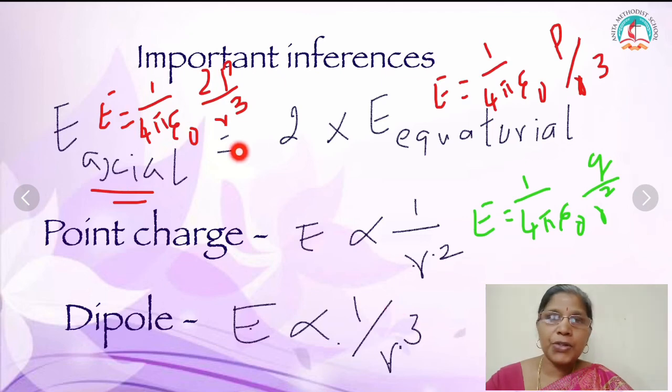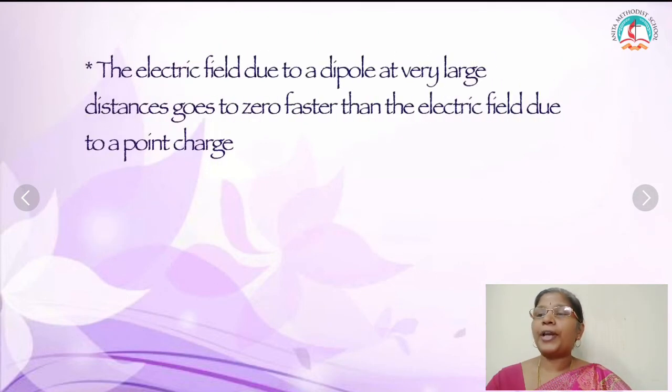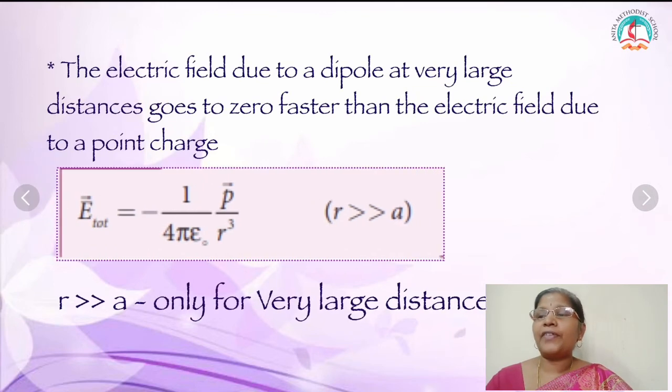In the axial line also, it is inversely proportional to the cube of the distance. For a point on the equatorial line also, it is inversely proportional to the cube of the distance. Okay. So as the distance becomes very large, the electric field goes to 0 faster than the electric field due to the point charge. The dipole field goes to 0 faster than the point charge field.